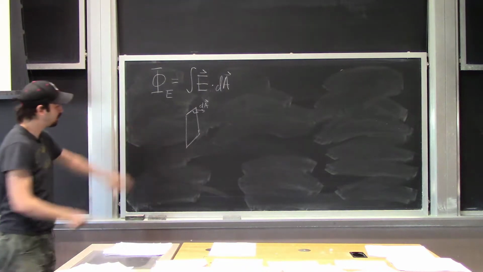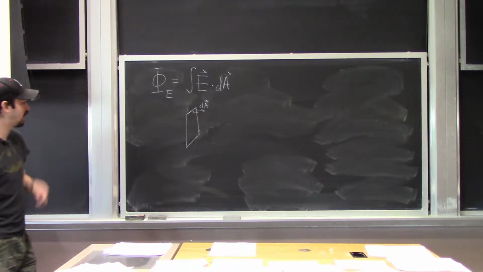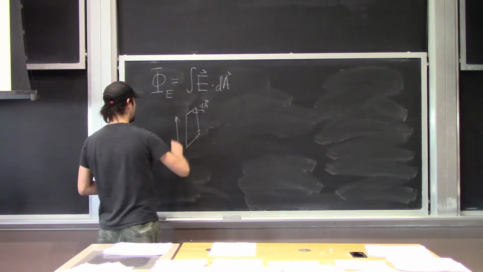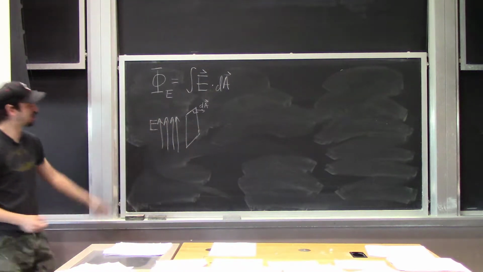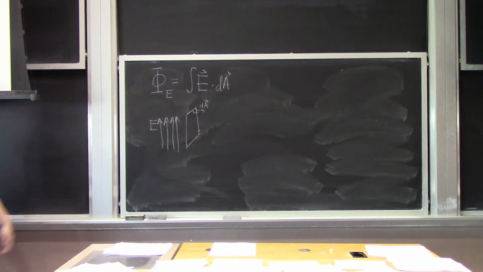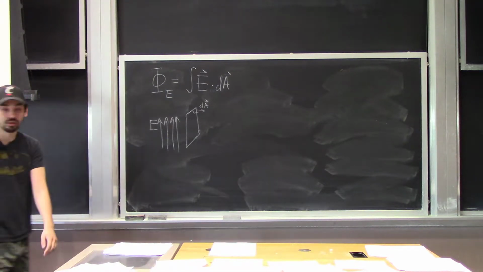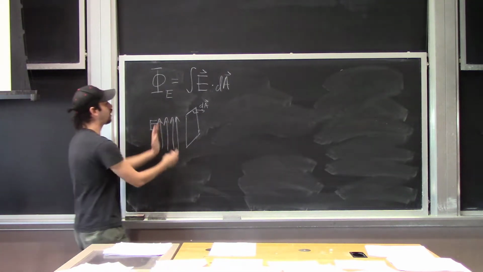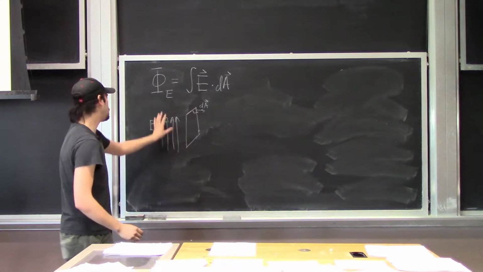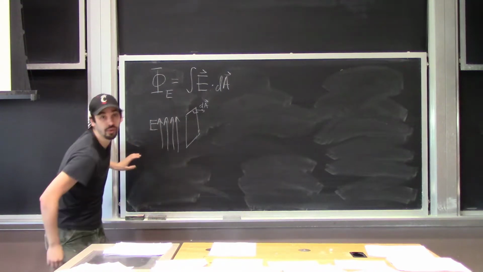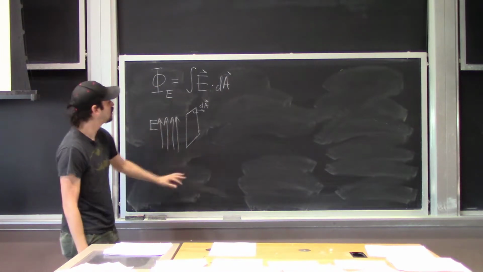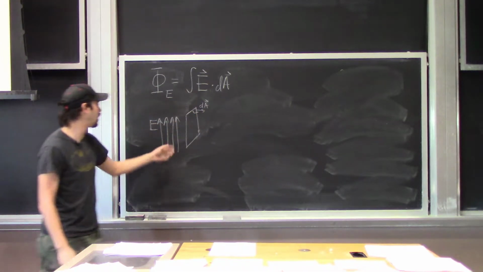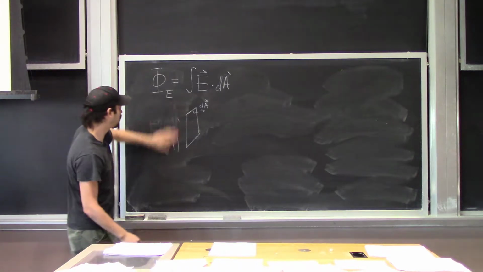To give you some intuition in how this works, if I have some electric field that points like this, what should my flux be here? Zero. Why? Exactly, because this is parallel to the surface. The way that you think about flux is I want to add up all the things that go through the surface. So if the electric field is moving in this direction and the dA vector points this way, then the flux is going to be zero.